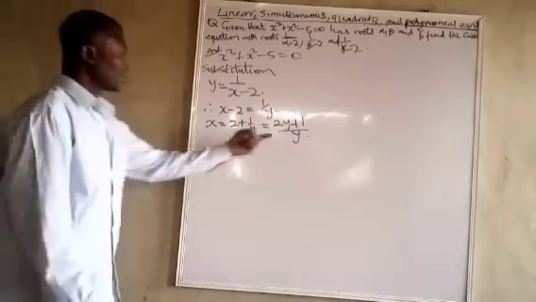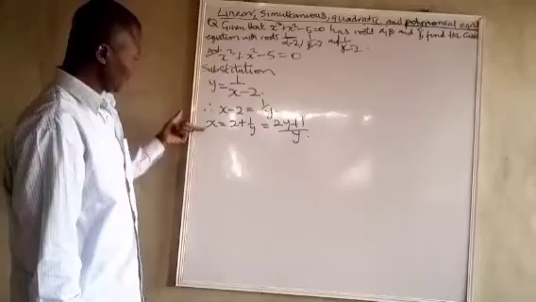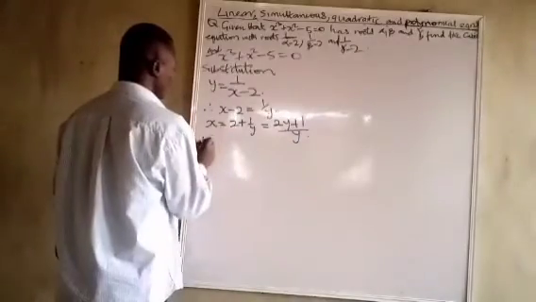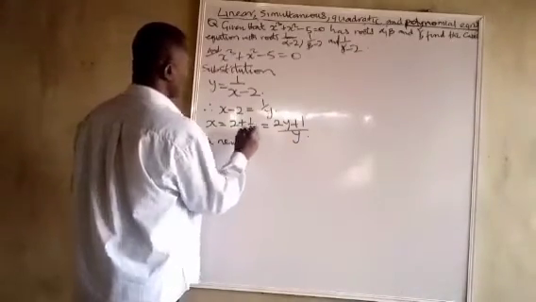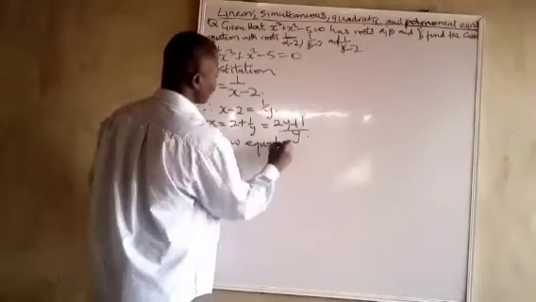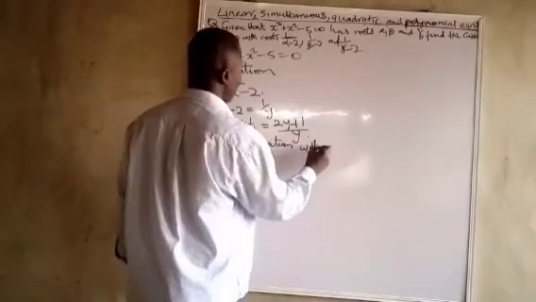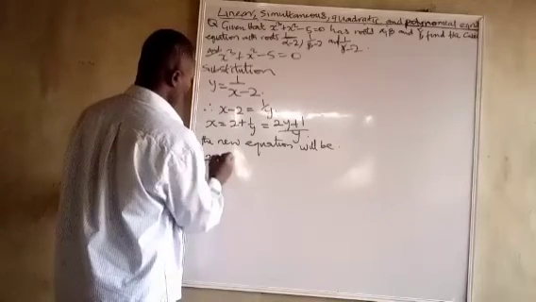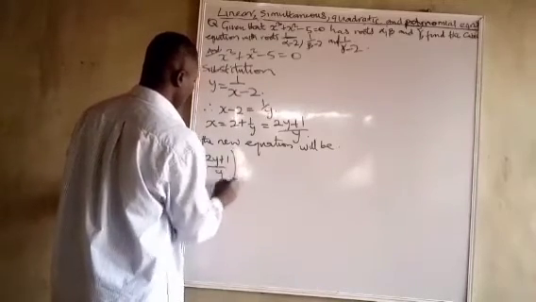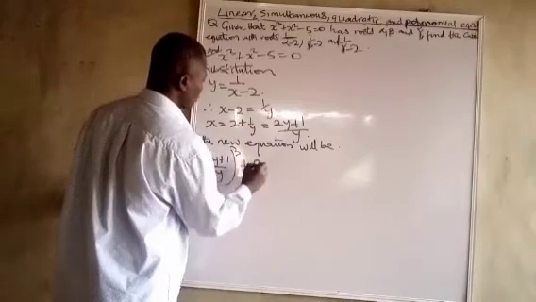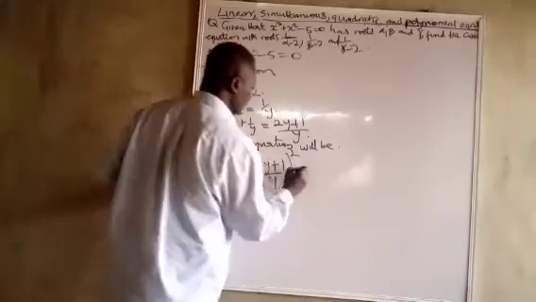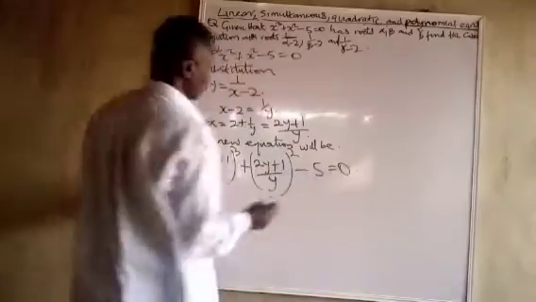Now, we are going to substitute this into the expression for x. Therefore, the new equation will be 2y plus 1 over y, all cubed, plus 2y plus 1 over y, all squared, minus 5 equals 0.